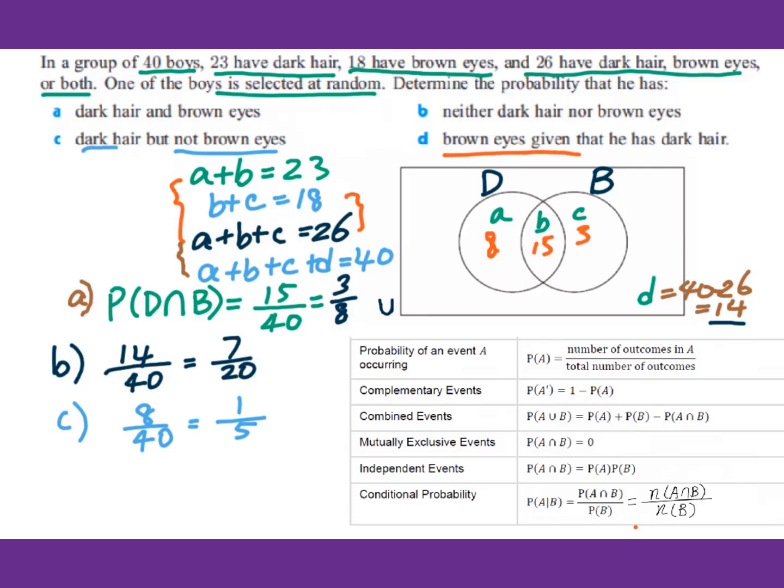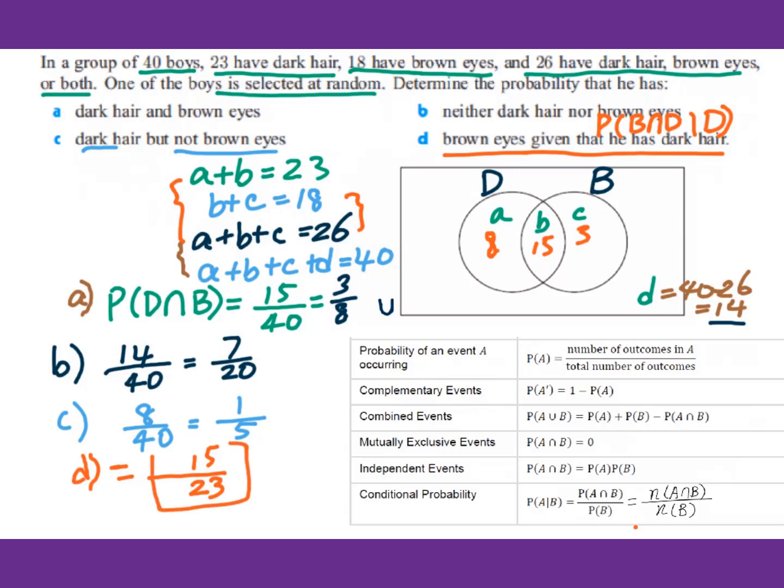Let's go to the last one. Brown eyes, given that he has dark hair. This will be a conditional probability. We are looking for the probability of brown eyes given dark hair. Therefore, for D, you can write down: dark hair and brown eyes will be 15, over dark hair, which will be 23.